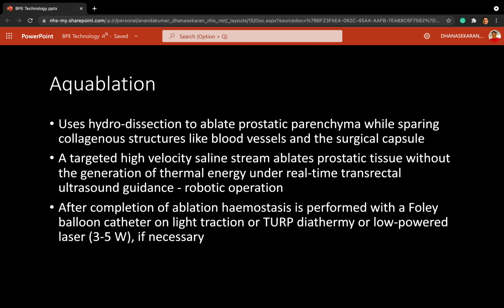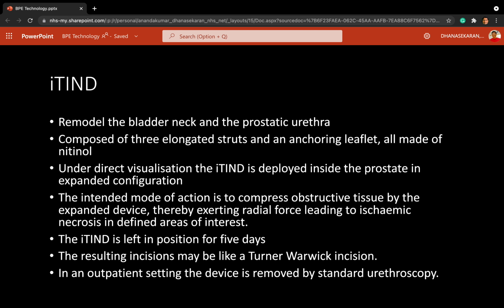And there are a couple of studies, the WATER 1 and WATER 2 studies. WATER 1 was done in India, WATER 2 in a multinational multi-center study. Maybe those things are for the BPE table, but for the technology table, you need to reproduce how aquablation works.